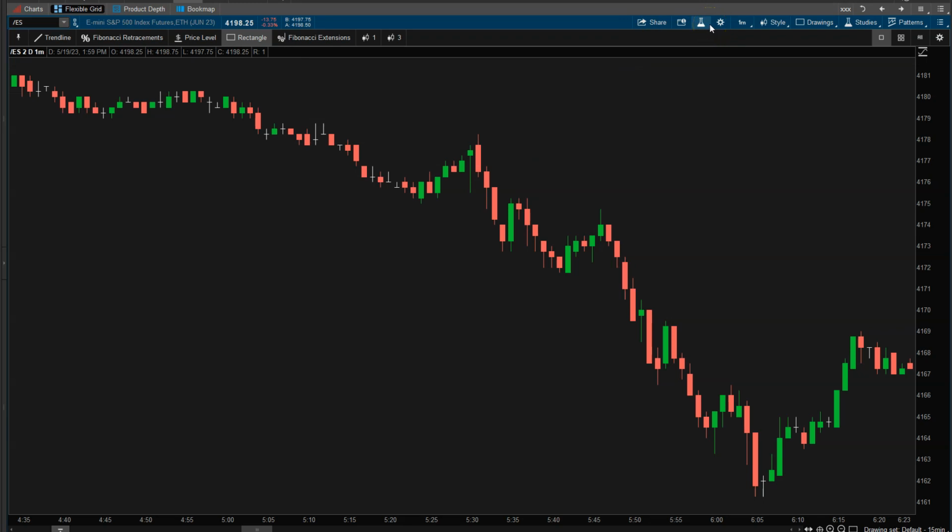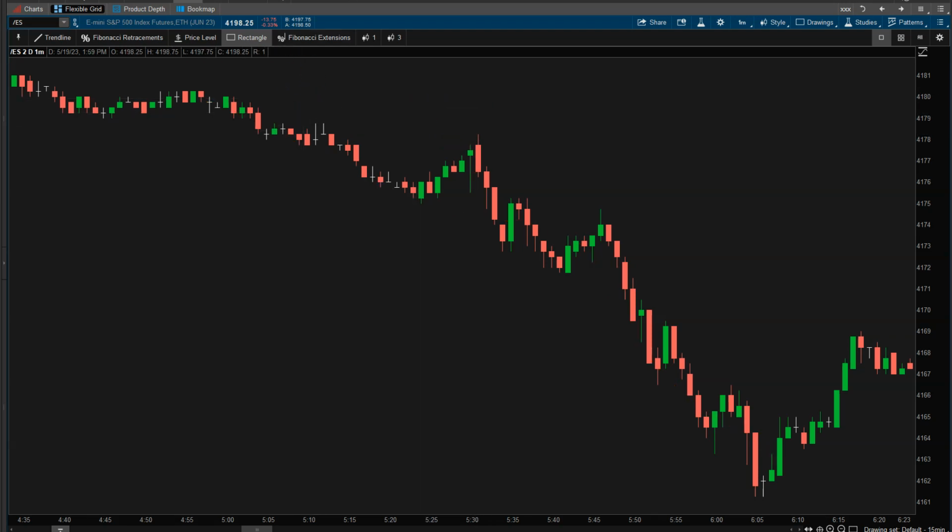So a good way to look for a market structure shift, right, is I'm on 1 minute. Let's keep it very simple, right? Essentially, we could see we are in a downtrend. That is the first thing you want to look for.